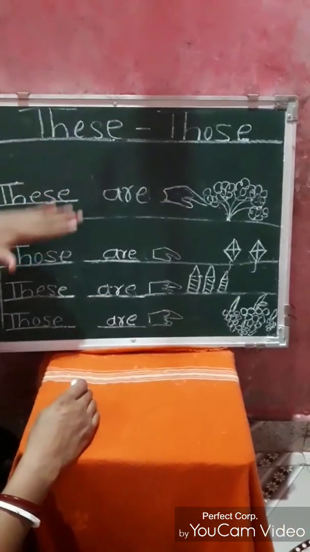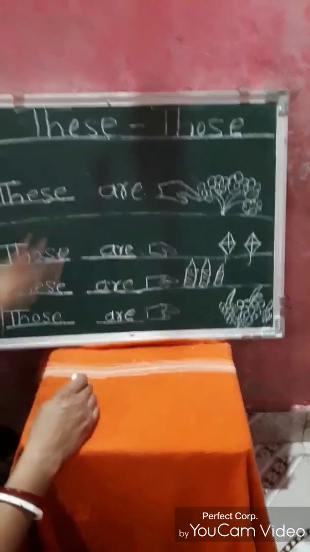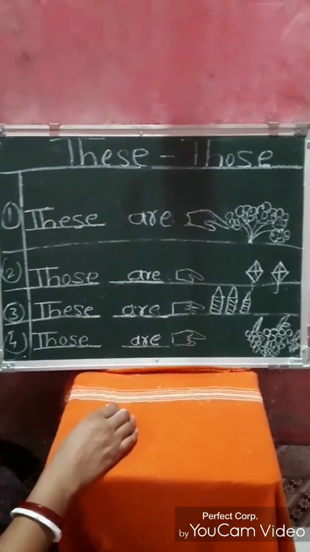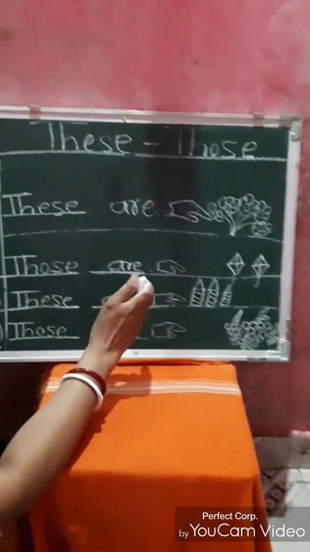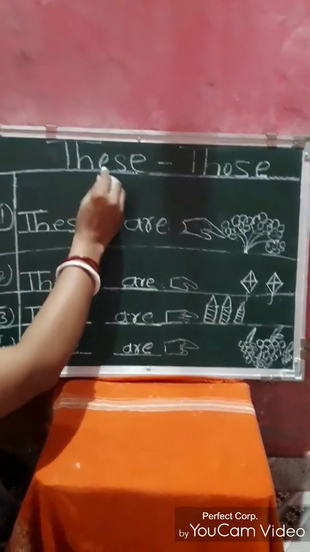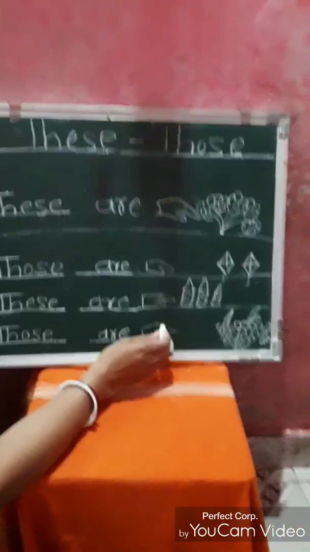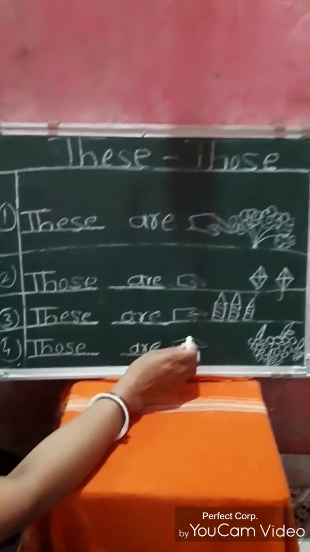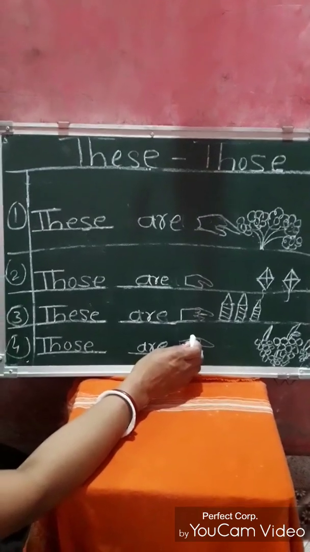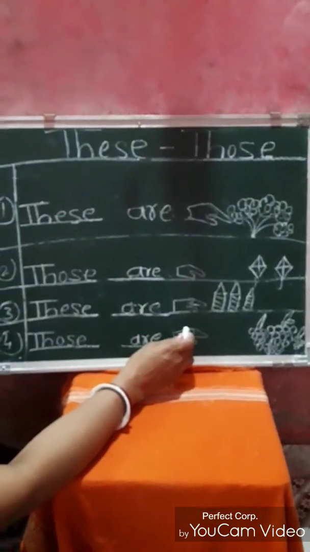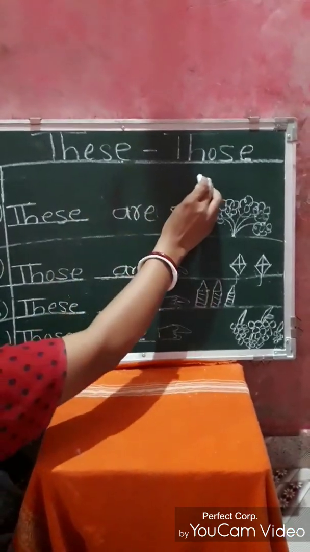So with the help of all these 4 examples, you can easily clear your concept about the use of these and those. Also, by the last example, you can clear your concept about the use of this and that.